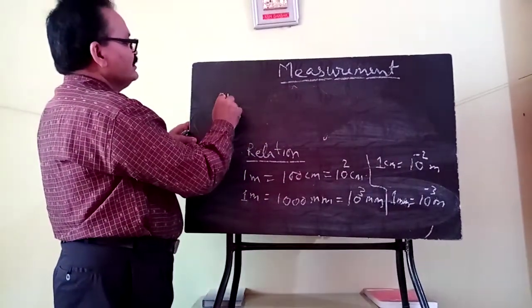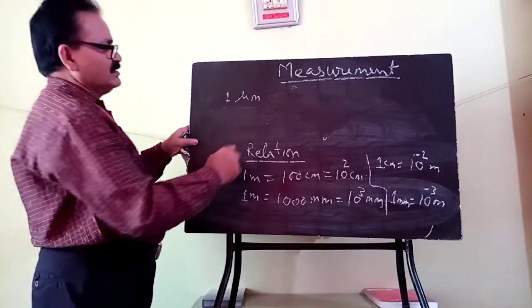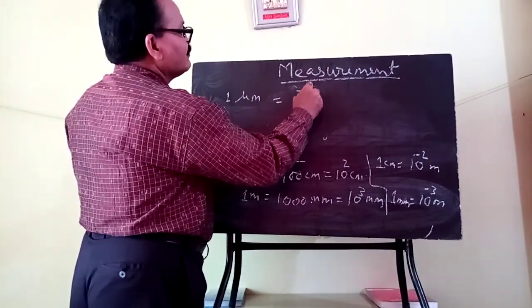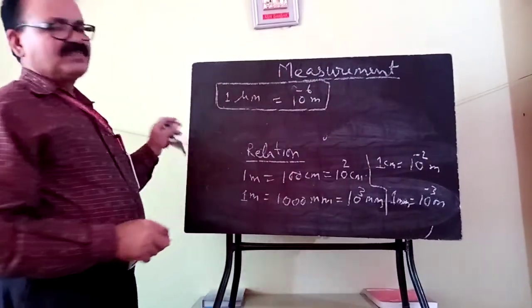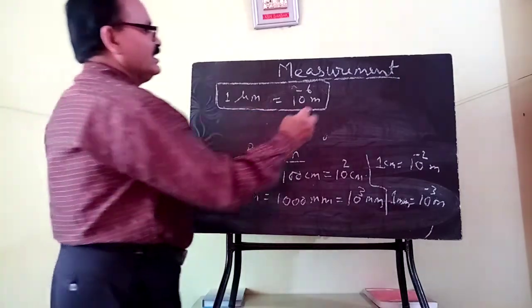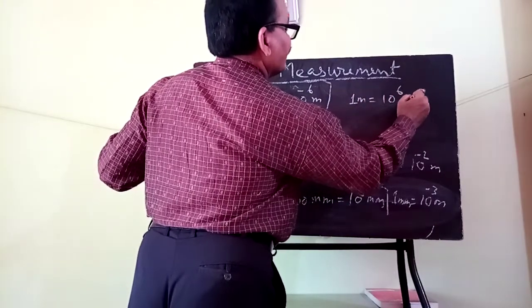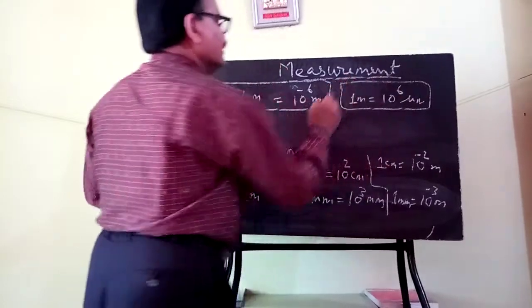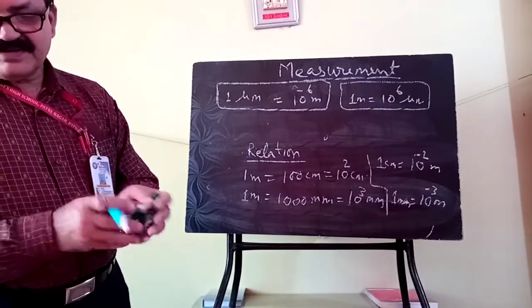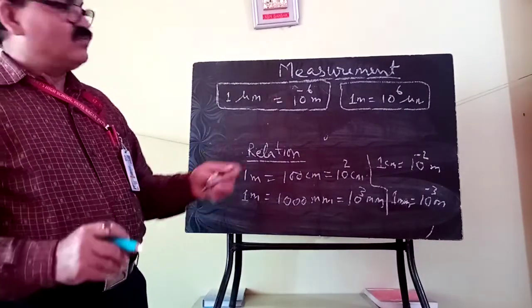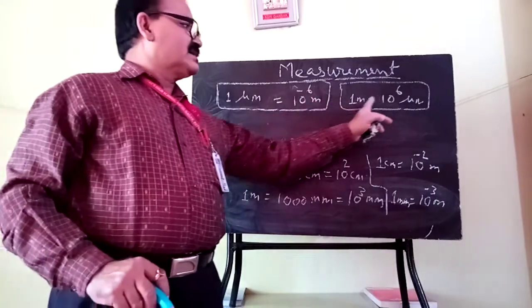Here mu m means micrometer. 1 micrometer is 10 to the power minus 6 meter, and you can say 1 meter equal to 10 to the power 6 micrometer.